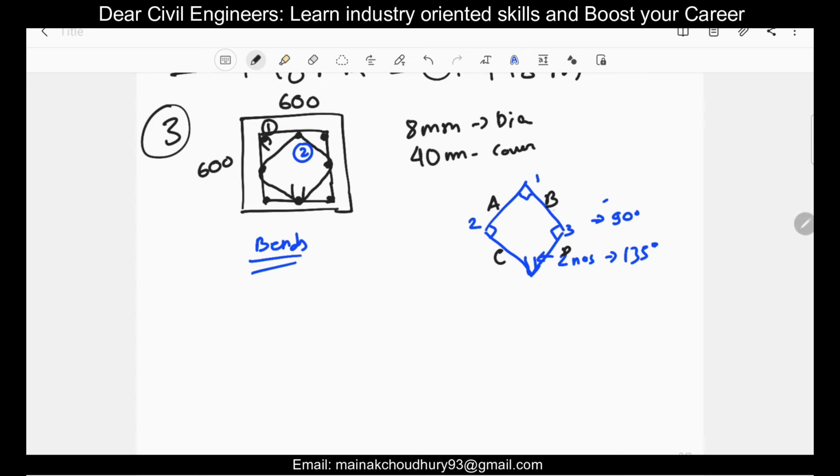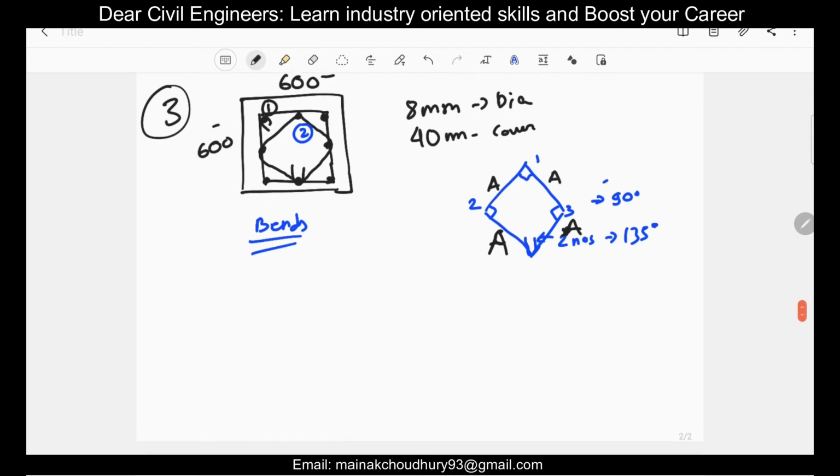Basically this won't be A, B, C, D, since all are the same, the column is of the same length, so it will be A's only. If it was of different lengths, then it would be a little bit different here. So this will also be A, this will also be A, and this will also be A. If it were different lengths here, then it would be A and B. Okay, so let's do it first.